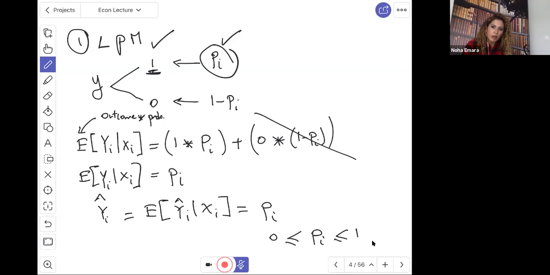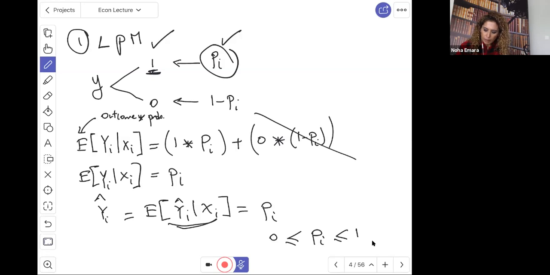This is a probability, right? So it's something that can range from 0 all the way to 100%. So you can write it as: my expectation of y given x is bounded between 0 and 1, and this is what we expect for a probability.